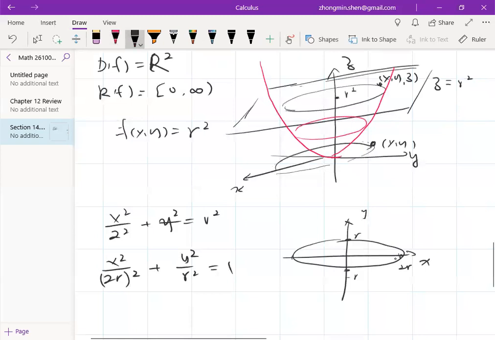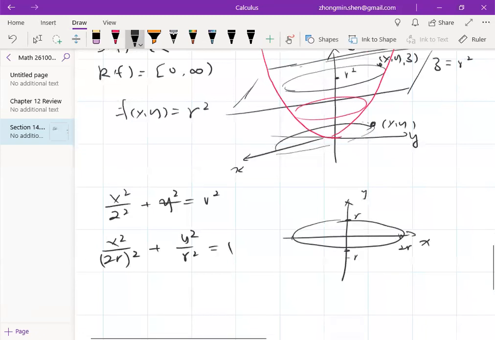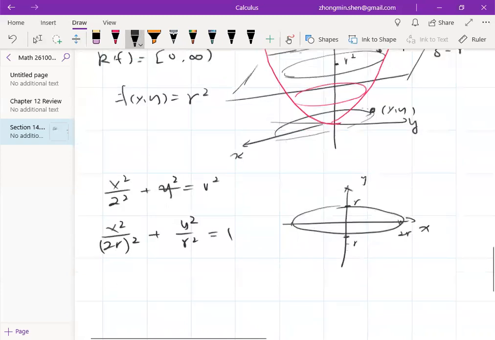It's a surface. So the graph of a function of two variables will be a surface in three-dimensional space. But sometimes we cannot draw this 3D picture.